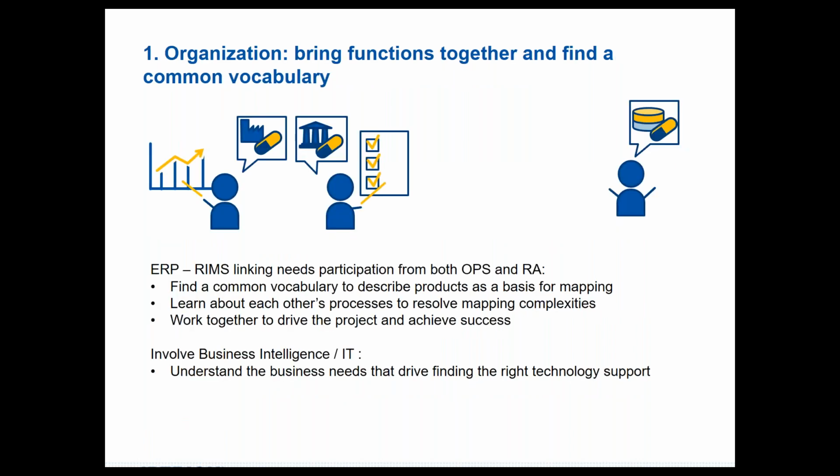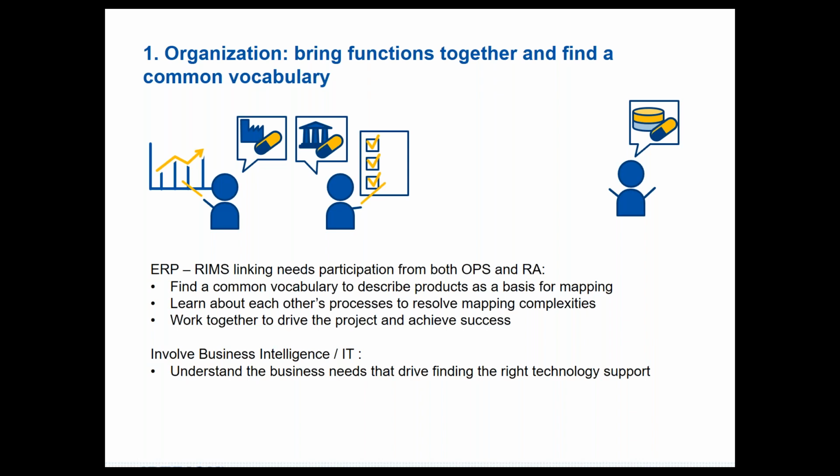Let's look at all these factors in some more detail, starting with organization. A key step in bringing about the link between ERP and RIMs is bringing the responsible functions, operations, and regulatory affairs together in a room to discuss how they refer to products and how they handle them in their processes.